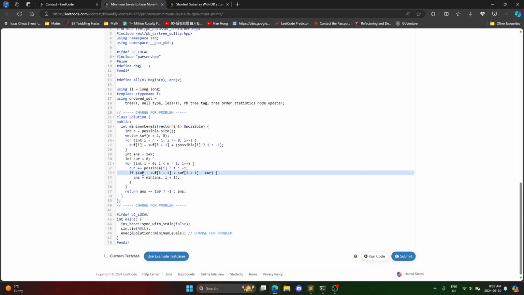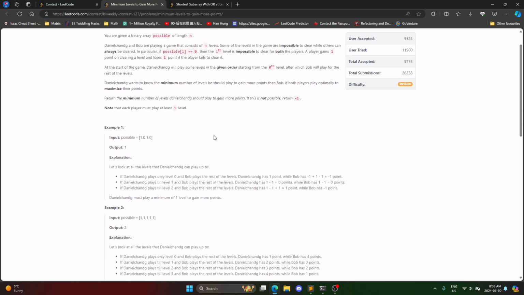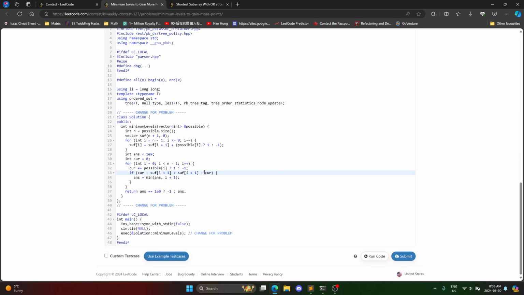So for every level he doesn't play, which is for every ones in the suffix. So this is score of Daniel Chang, and this is score of Bob. So if this condition suffices, which is just a condition up here, then we just update the answer. So yes, just compute the suffix sum and then just compute the current score for both players.